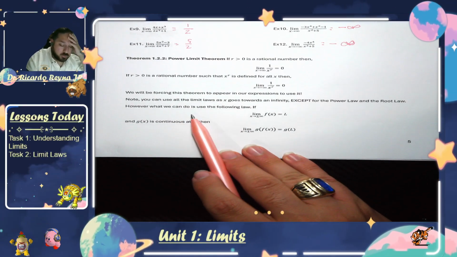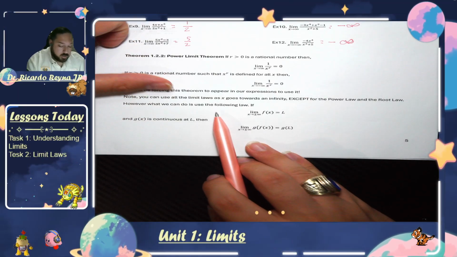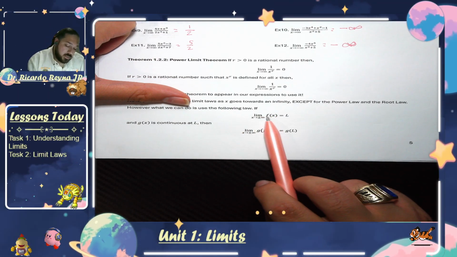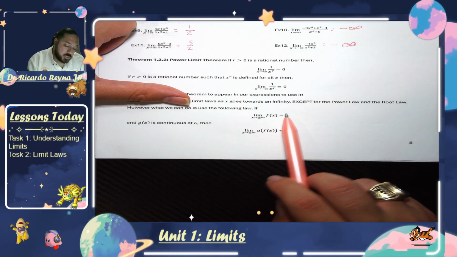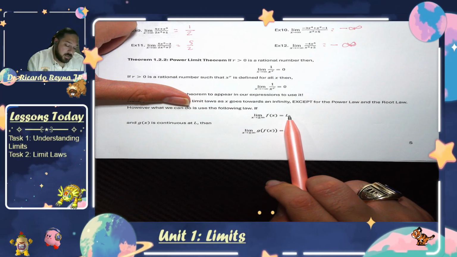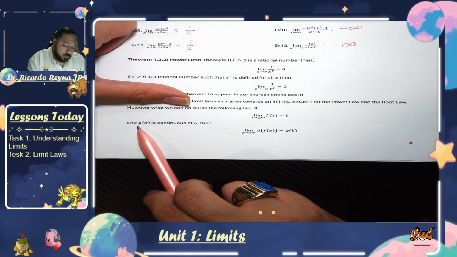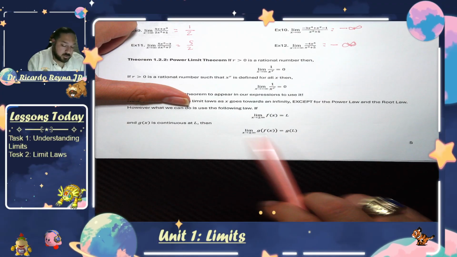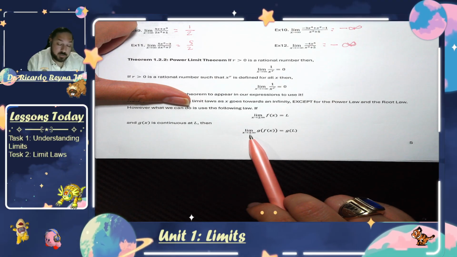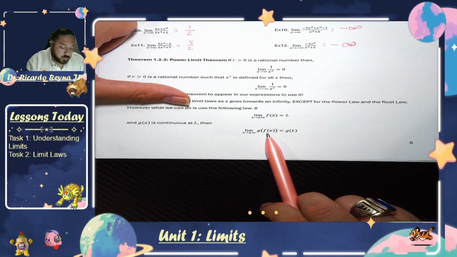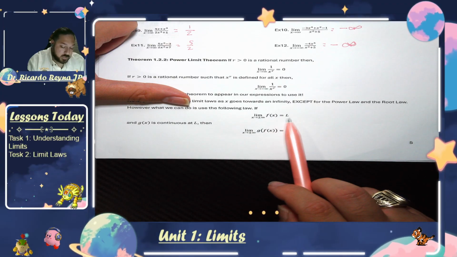However, what we can use is the following law. If we know that within a function, f of x reaches some finite limit, and what it's being plugged into is continuous, then we can just say that the limit of this, regardless of it being infinity or not, will just be that value taken to that limit.